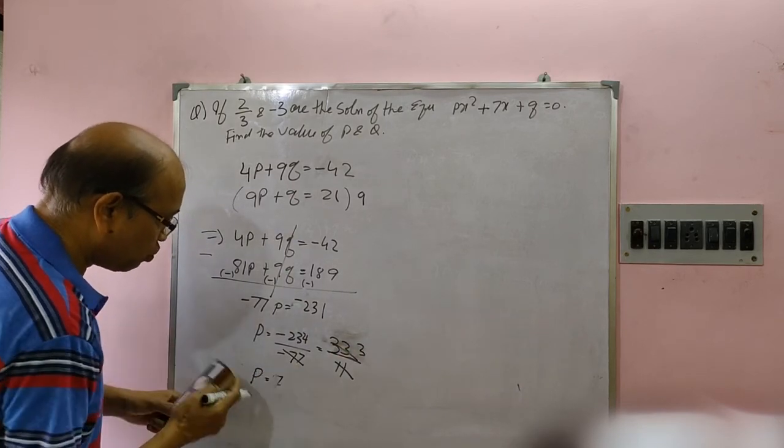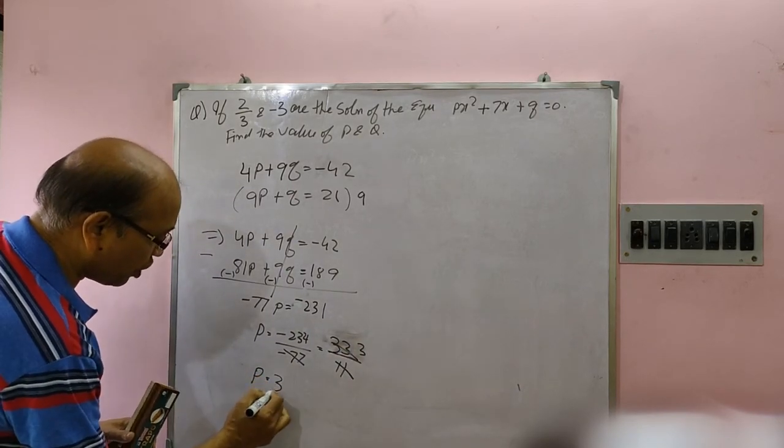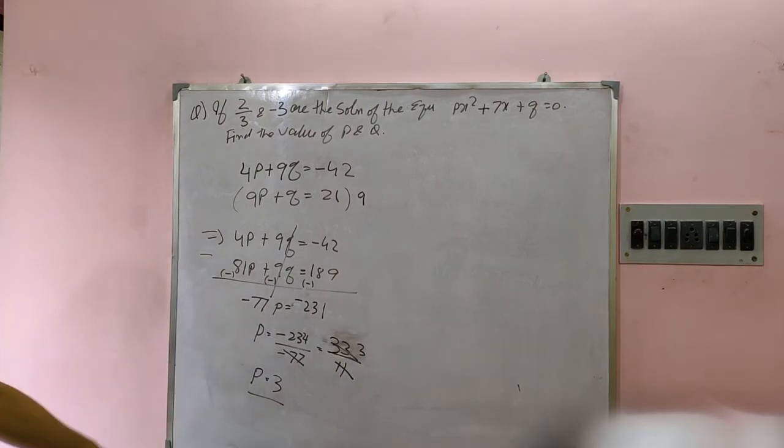So p is equal to 3. So what is the value of p? p is equal to 3.